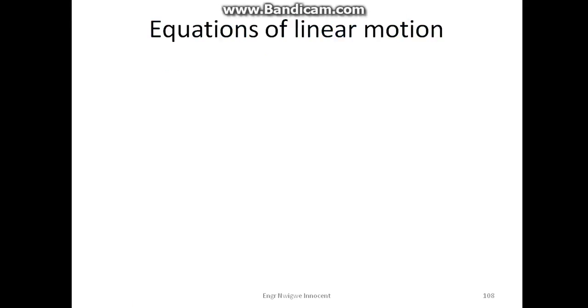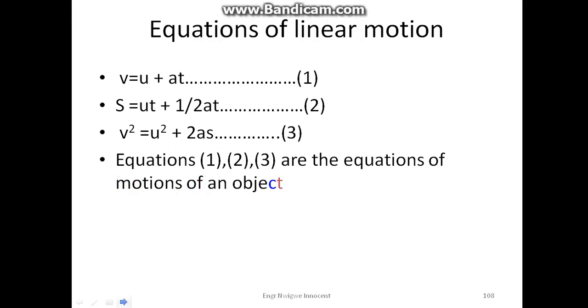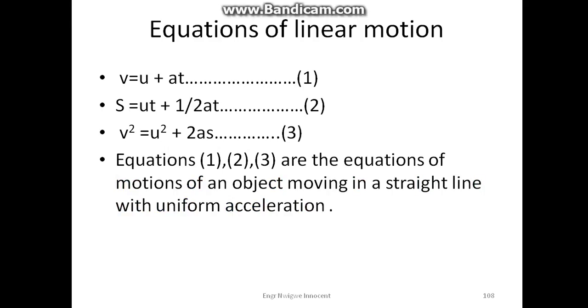Equations of motion. v is equal to u plus at will be taken as our equation 1. s is equal to ut plus half at squared will be taken as our equation 2. v squared is equal to u squared plus 2as will be taken as our equation 3. Equations 1, 2, 3 are the equations of motion of an object moving in a straight line with uniform acceleration.